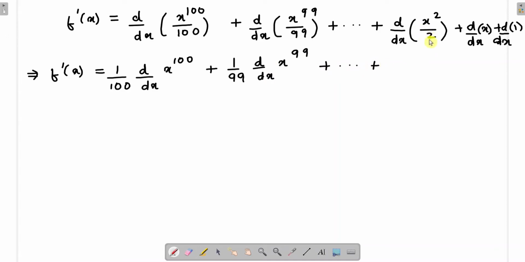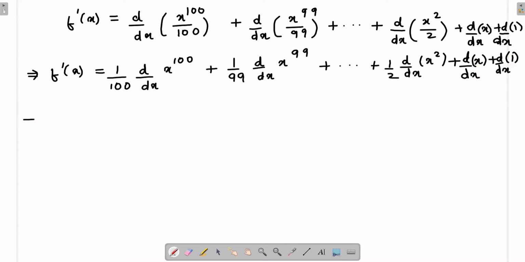Again you can see that this is 1 by 2, a constant, we can take it out, half d by dx of x square, plus this we will write as it is, d by dx of x, and this derivative also we will write as it is, so plus d by dx of 1.